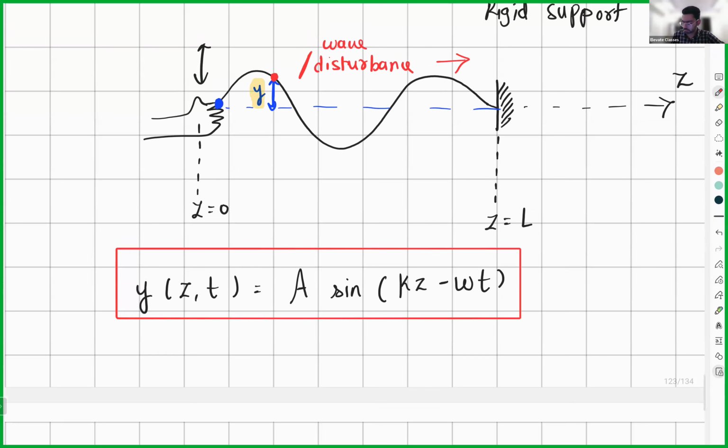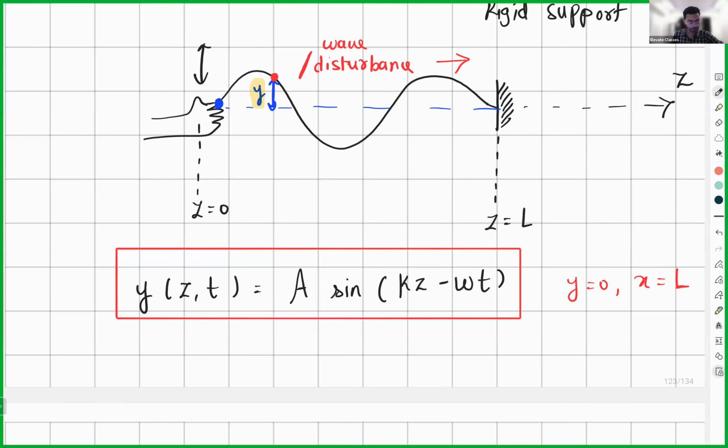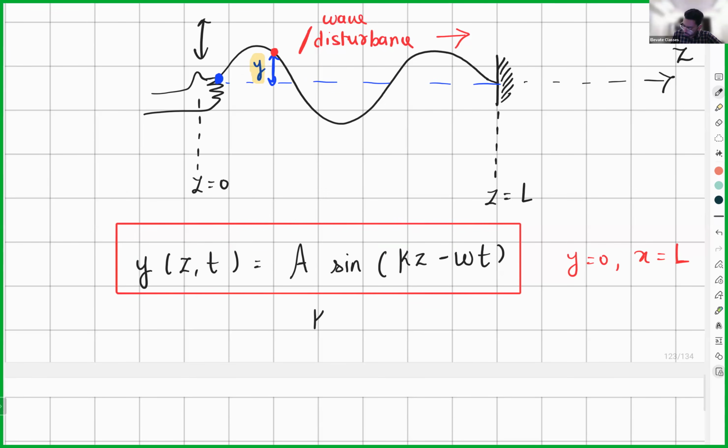Now, of course, you will have some boundary conditions, like y will always be 0 for z equal to L. So these type of boundary conditions you will have, but this will be the expression, where k is nothing but 2 pi divided by lambda.